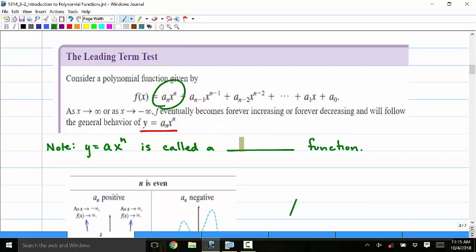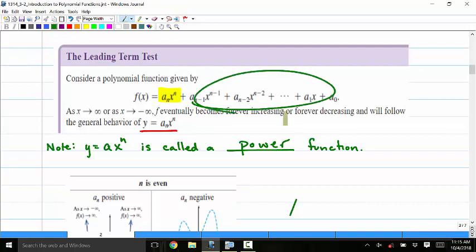That is what we call a power function. So no matter what the polynomial is, all that junk, it's going to behave like that.